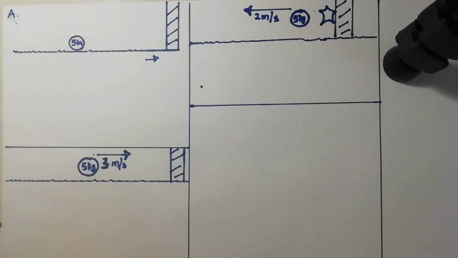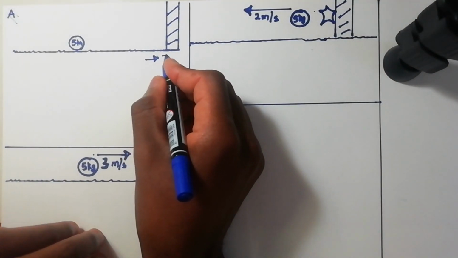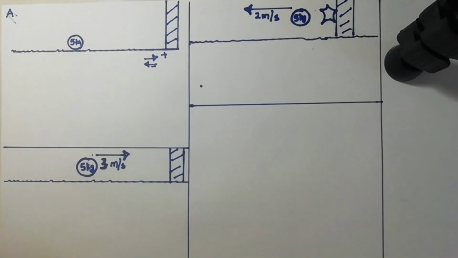You can say to the right is positive direction and to the left is negative direction, or the other way round. But I would like to refer to the left as positive direction. So now let's state our directions. To the right we say positive direction, and to the left negative direction.